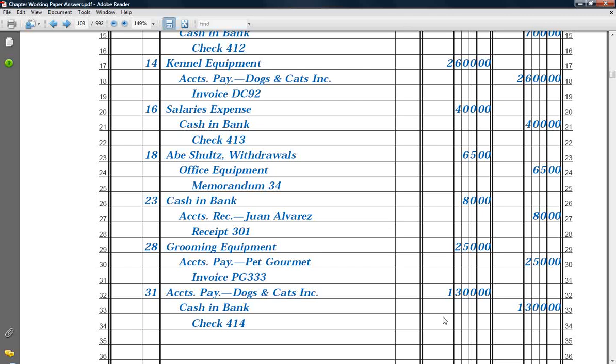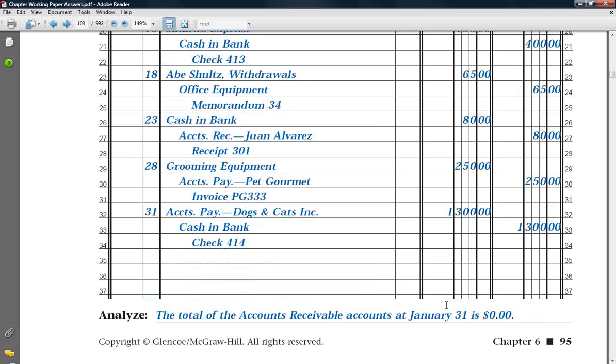Transaction on the 31st. We're writing a check. Why are we writing that check? Because we are making payment on account. We decrease accounts payable with a debit. I increase accounts payable with a credit. So we're making payment on account. We're paying back someone that we owe.